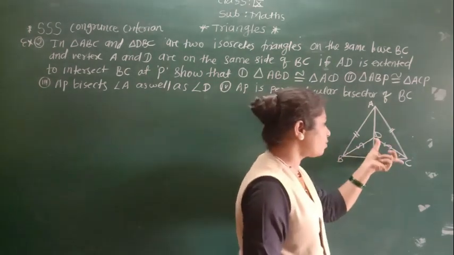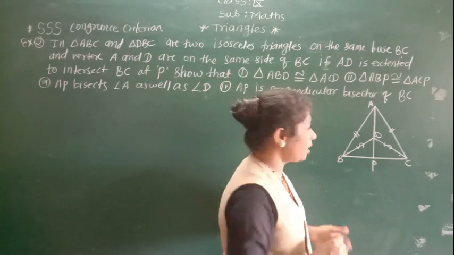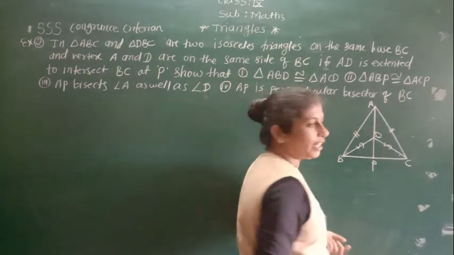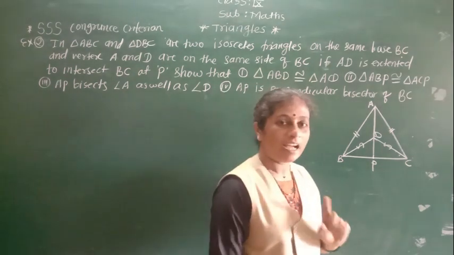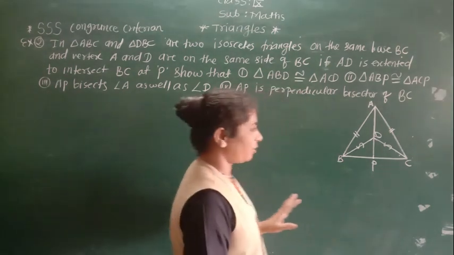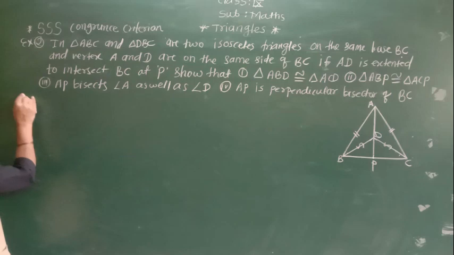So BD equals DC, and one more thing is what? AD equals AD, it is common. So these two triangles are congruent by which criteria? SSS criteria. Okay, so we will take the help of those triangles only, right?